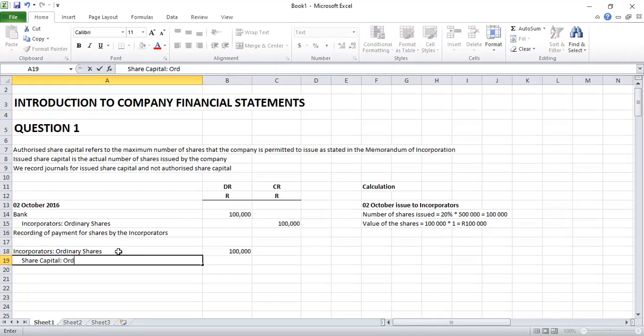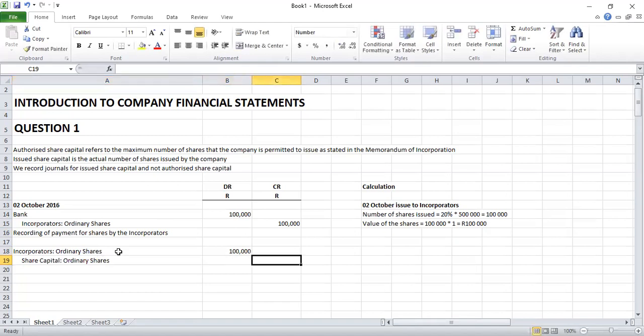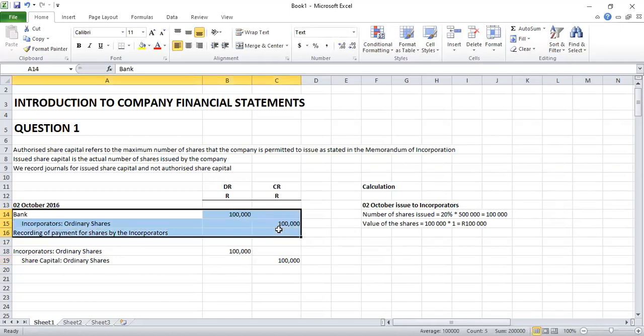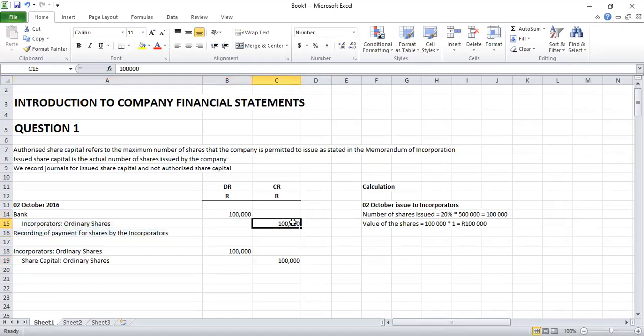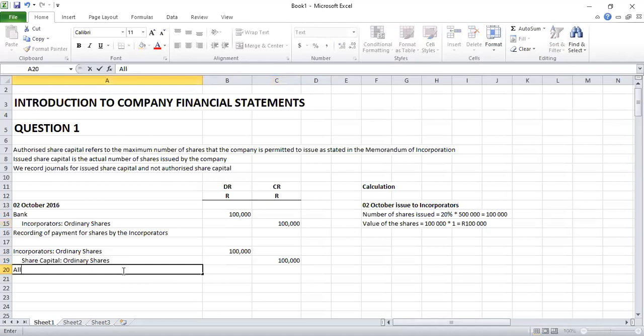I want to explain this so that you can, I think in the beginning, I just combined the two. Right, the first entry is to record the receipt of money from the incorporators. Now we'll record it as a liability because we're owing the money because they've paid, but we've not yet given them the shares. Then here will now be the allotment of shares paid for incorporators of the company.